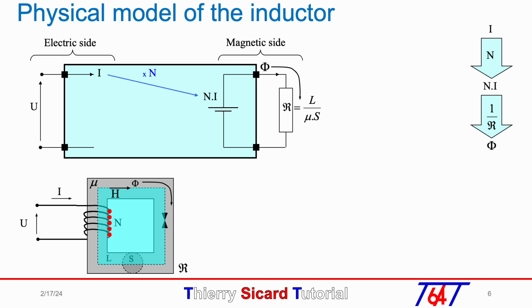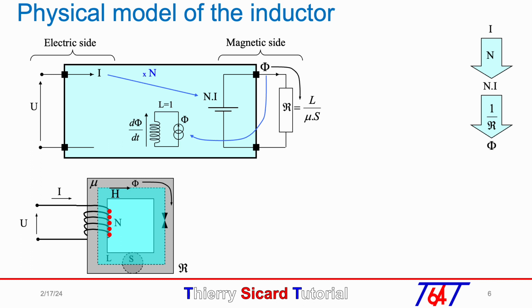In this equivalent electrical circuit, the current represents the magnetic flux. So this current is copied and forced in the 1 Henry inductance to get the derivation of the current across the inductance. As the current I is a flux and L equals 1 Henry, the voltage across the inductance represents the flux derivation.